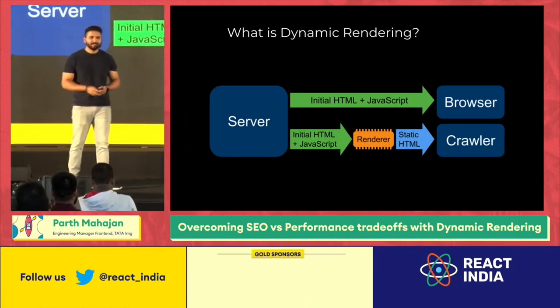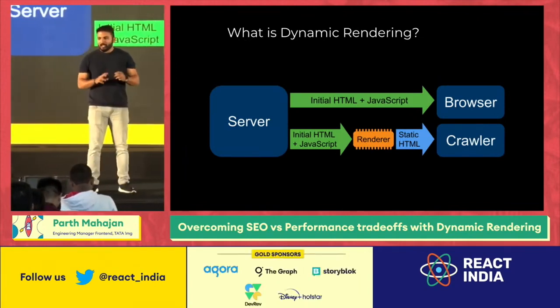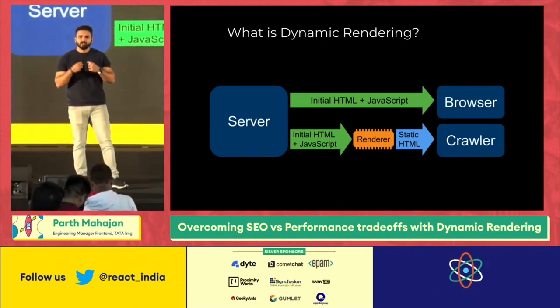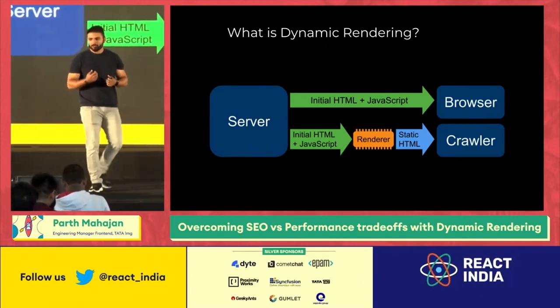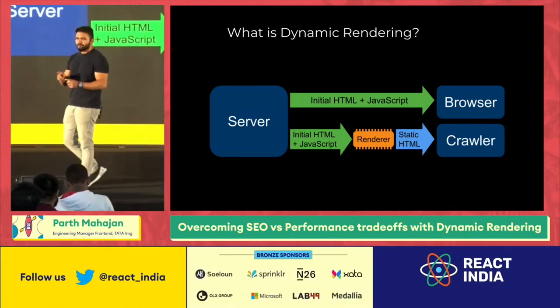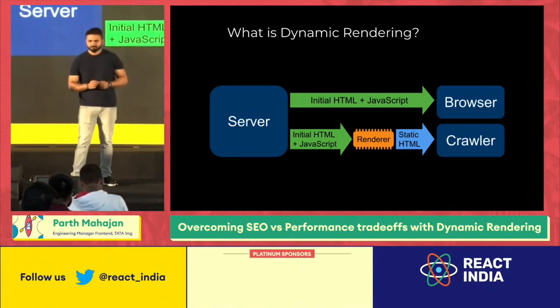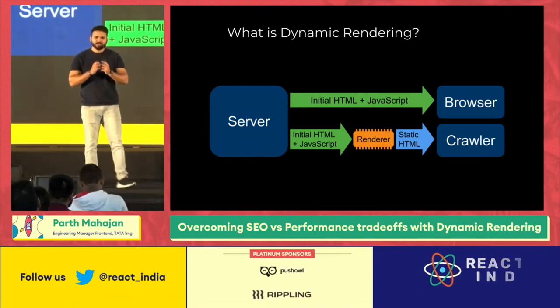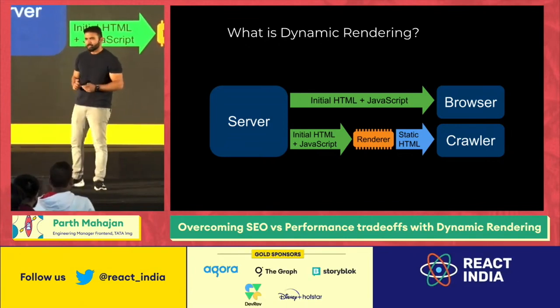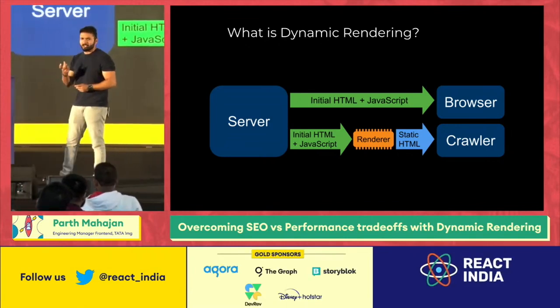So what exactly is dynamic rendering? We have a server which will be serving our JavaScript page to the browser. So that's how it has been so far. But instead of doing that, I'll take that initial HTML and JavaScript, pass it to a renderer on my server, and generate a static HTML for it.